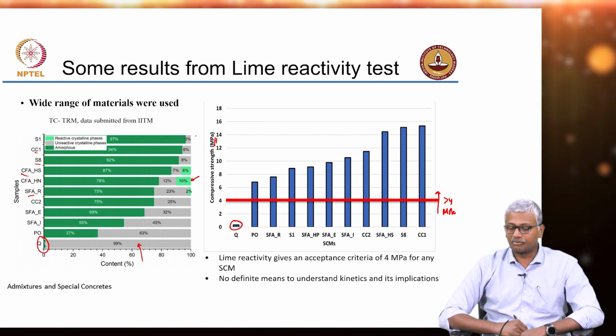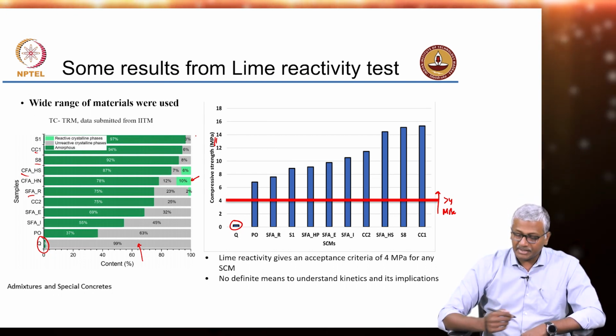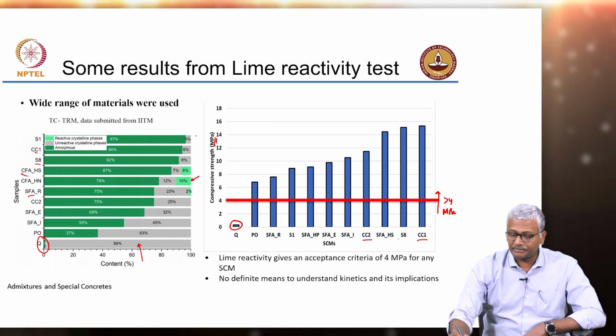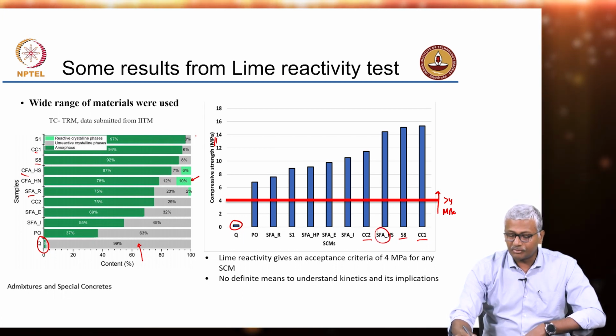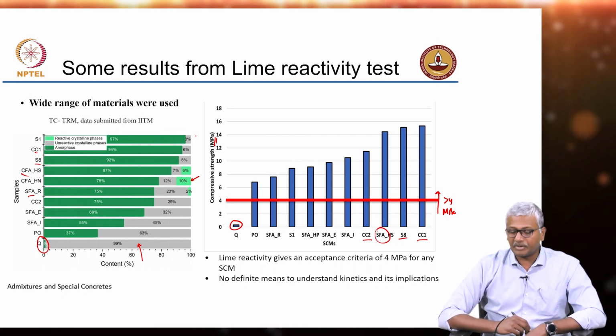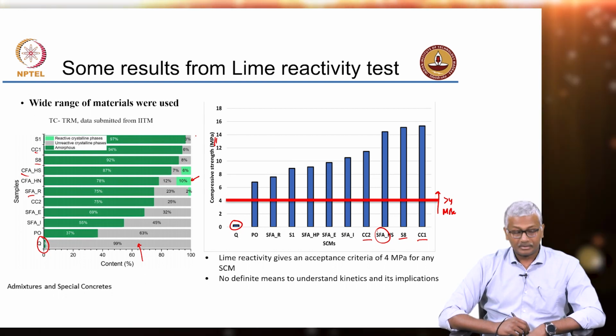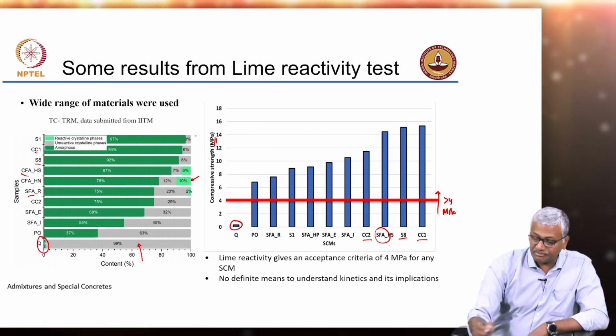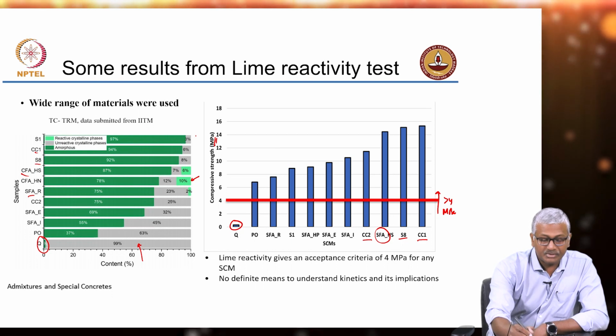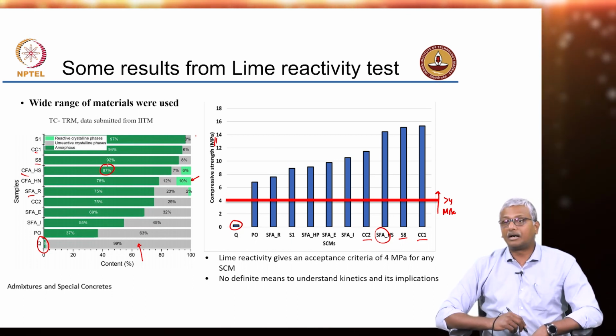All of them are crossing the 4 MPa mark, the highest being exhibited by the calcined clays, the slag, and for some reason this one of the type F fly ashes that was also considered, SFAHS, which has a very high amorphous content.